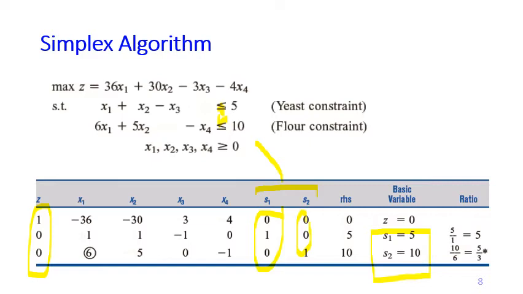So we go to step 4 and say that x1 should be the entering variable because it has the most negative coefficient in row 0. And then you perform the ratio test and pick the smallest one as the winner. So now it means that S2 becomes the leaving variable. So x1 is the entering variable, S2 is the leaving variable, and the pivot is located here at the intersection.